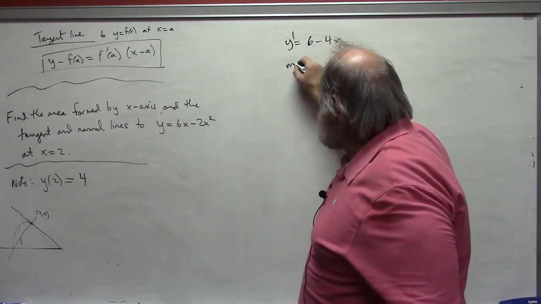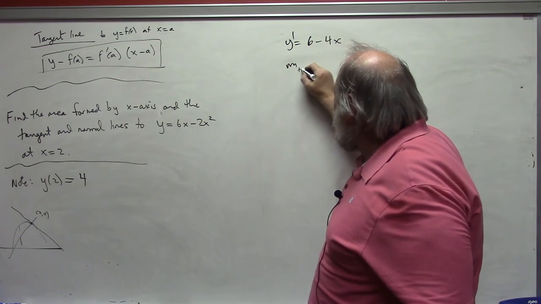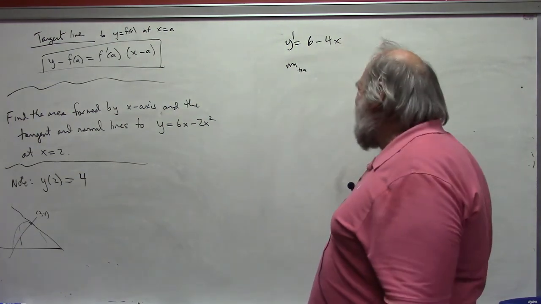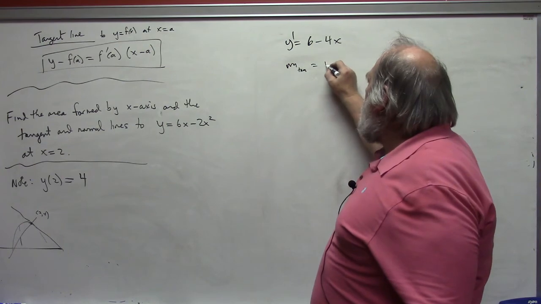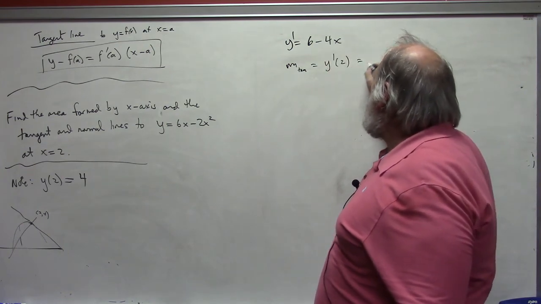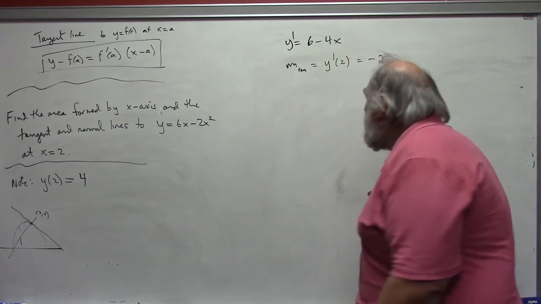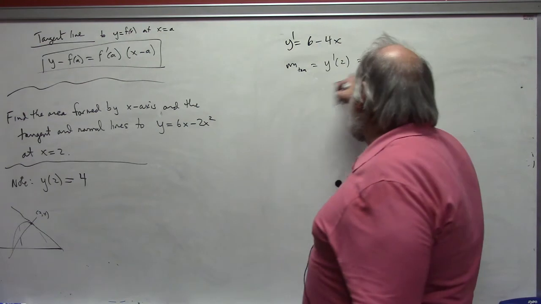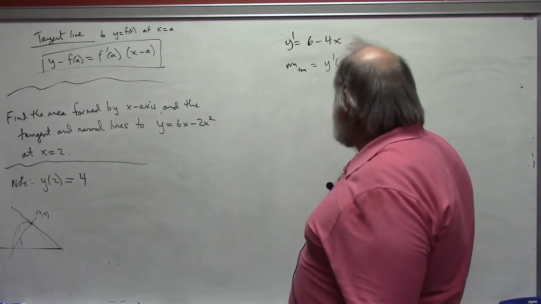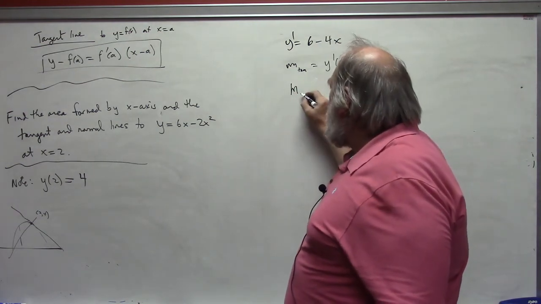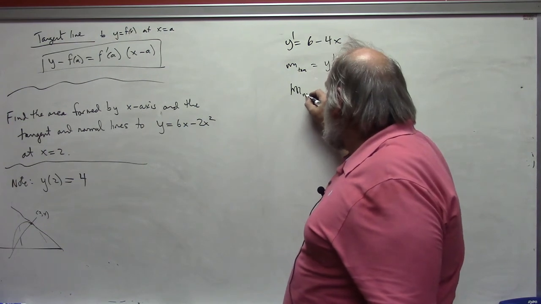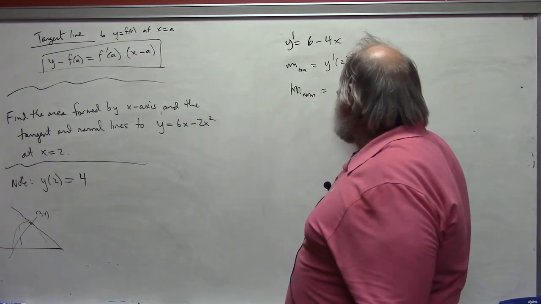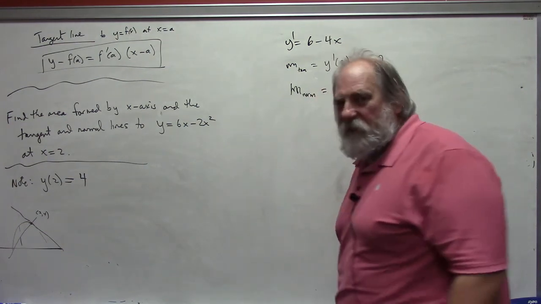I'm going to write m sub tan. This would be my derivative at 2, which is negative 2, 6 minus 8. Which means, since the slope of the tangent line is negative 2, the slope of the normal line would be positive 1/2, the negative reciprocal.